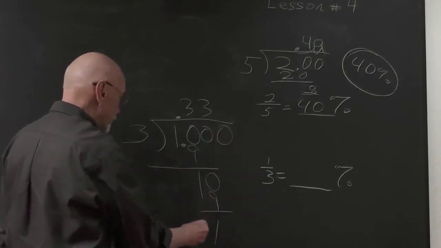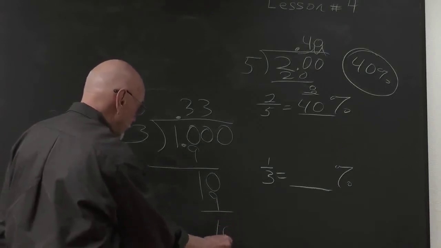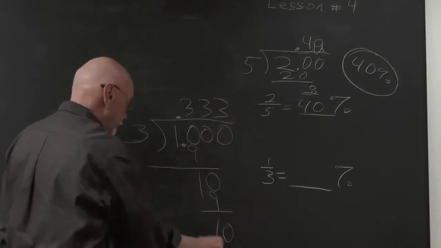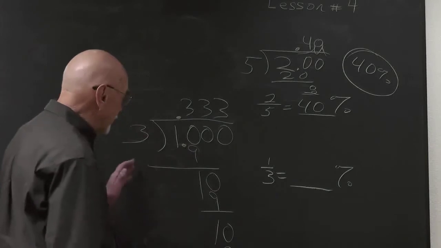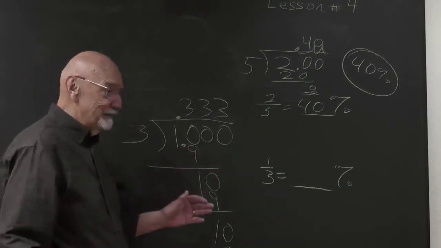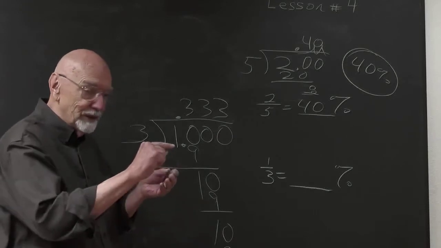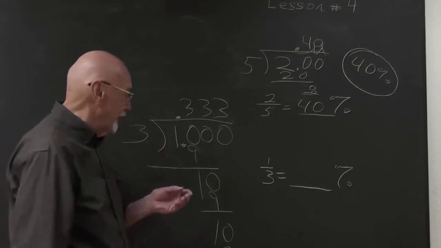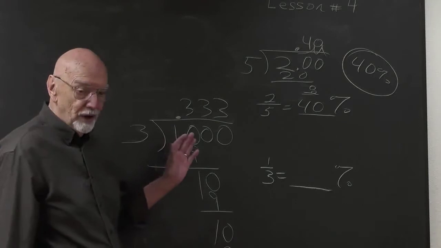Another 0. Bring it down. 3 into 10 is 3. And we could do that, and it would never come out even. If you do it on a calculator, it will go clear to the end of the screen. And it would just keep being a 3 all the time.